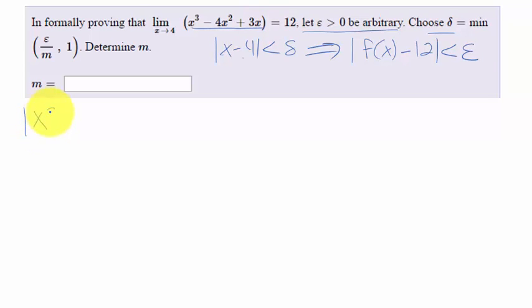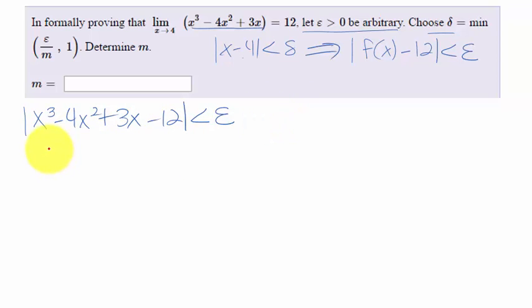We're going to take our x cubed minus 4x squared plus 3x minus 12 less than epsilon, and let's go ahead and factor this. Now it's got 4 terms, so that leads me to try factor by grouping.